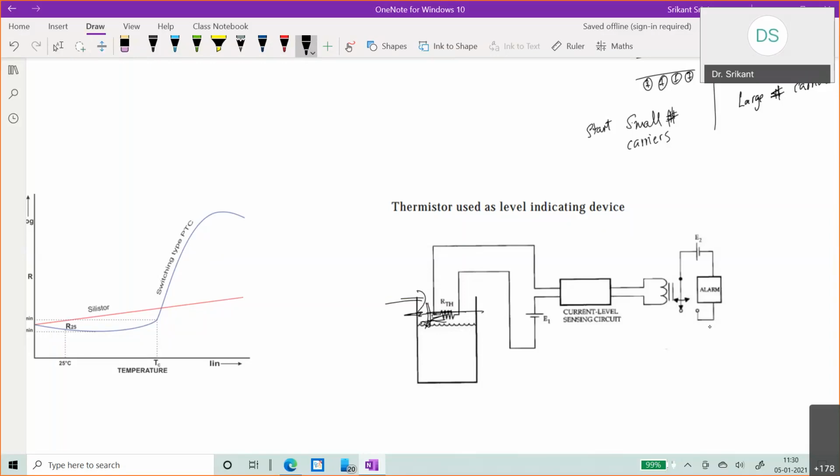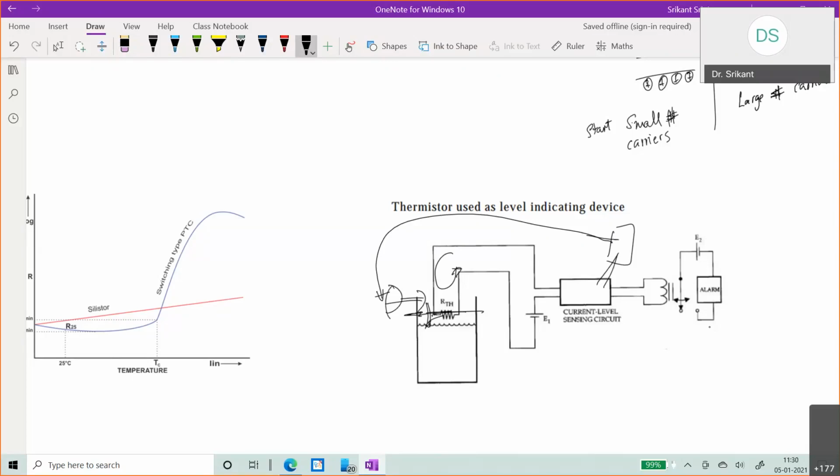When the water level crosses this limit, once the thermistor gets surrounded by water, its resistance will change. Because its resistance changes, the amount of current flowing will change, and that will trigger an alarm, or it can trigger a circuit or an actuator, say an Arduino board. Once the Arduino gets the signal, it will have a GPIO pin which will send a signal to a valve over here, and the valve can close the tap.